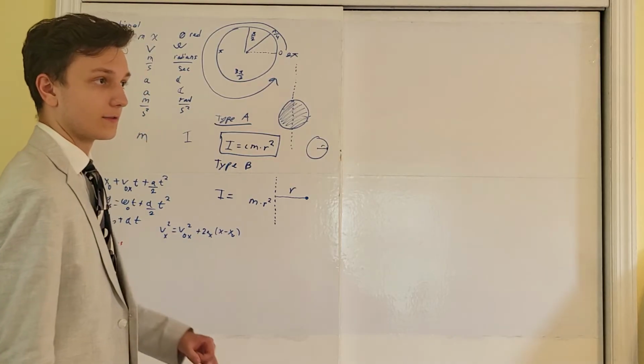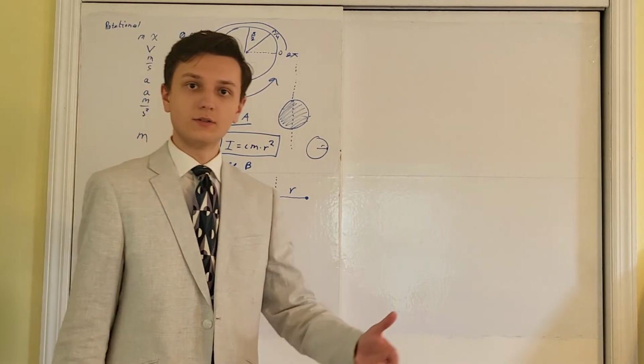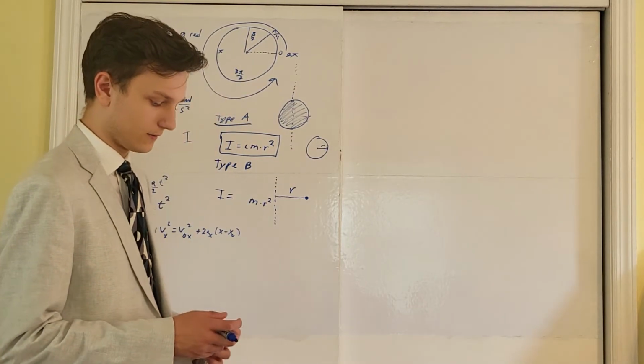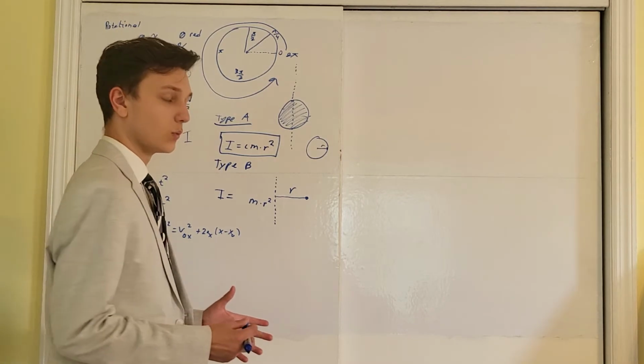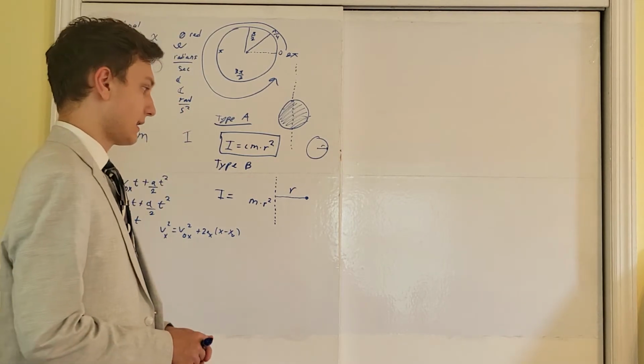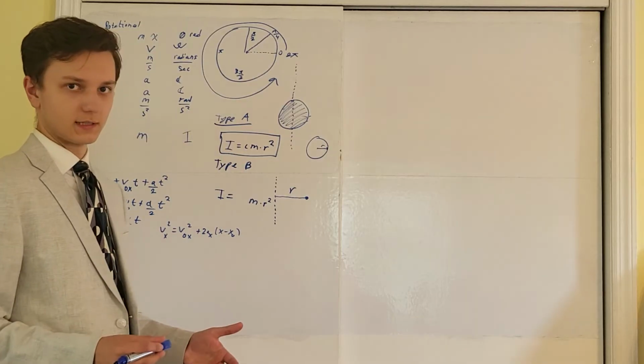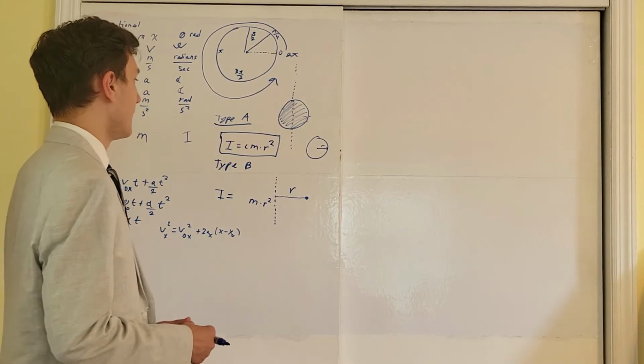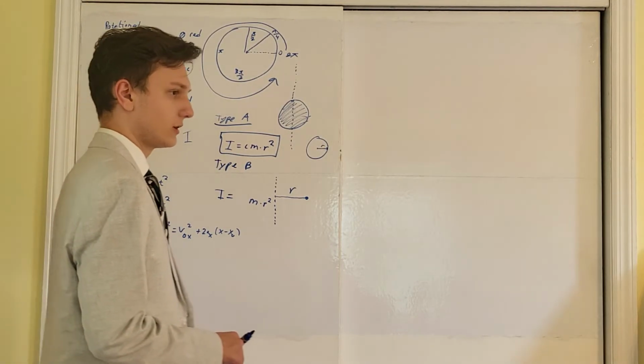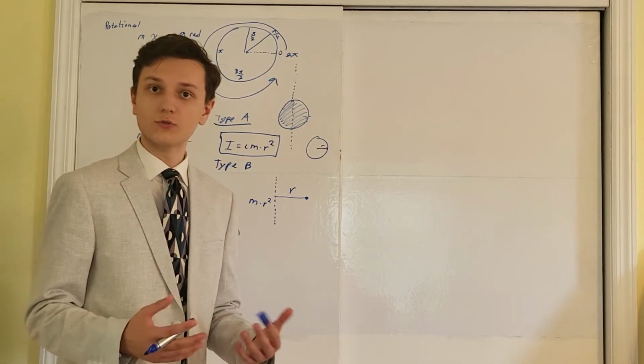So, moving on from kinematics, the next unit in the Physics 1 course was dynamics. And in dynamics, we introduced forces, we introduced acceleration. And in rotational motion, there is also an analog to force.